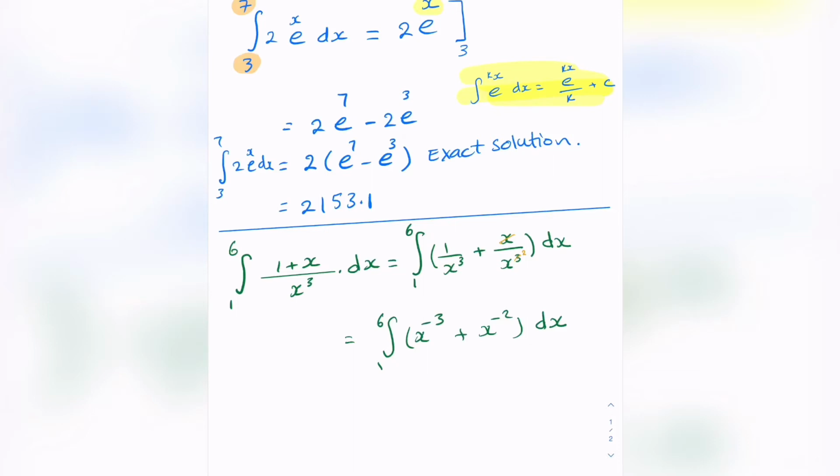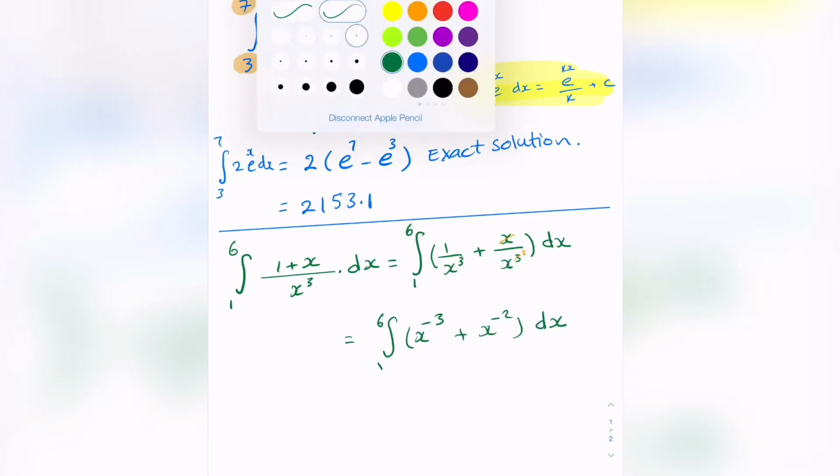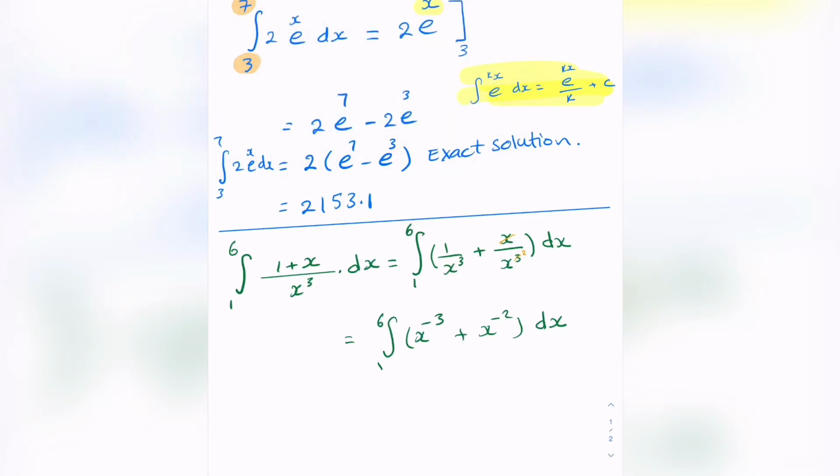Right, and then in this case, now after we finish this, now we will integrate. So the integration for x to the power minus 3 is x to the power minus 3 plus 1 divided by the new power, which is minus 2, because minus 3 plus 1 is minus 2.